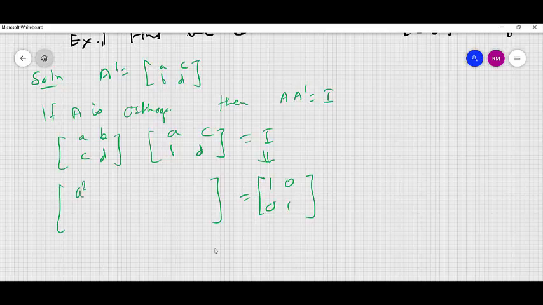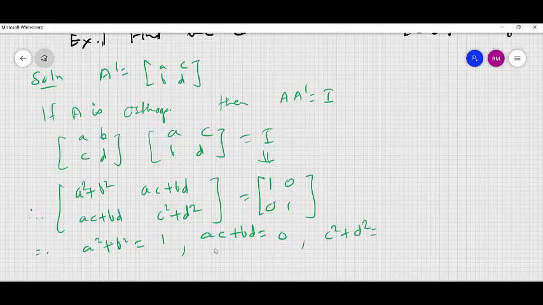The product will be a square plus b square, ac plus bd, ac plus bd, c square plus d square. If you compare these two matrices, then we get the conditions: a square plus b square should be 1, ac plus bd should be 0, and c square plus d square should be 1. So this is the required condition.